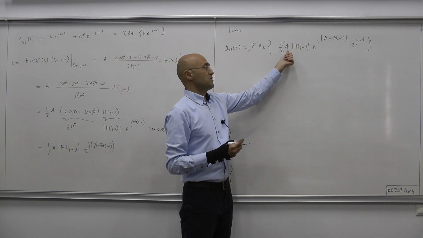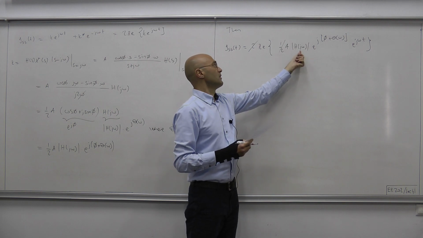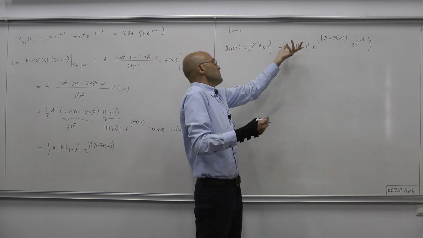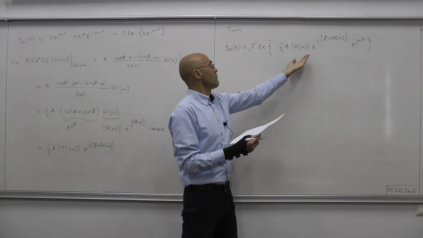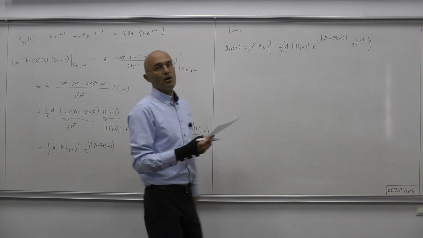A is a positive number, and it's real in any case, and the magnitude of H(omega) is also a real number, therefore we can take it outside the real operator.